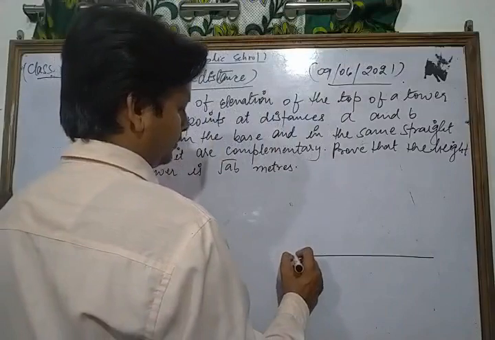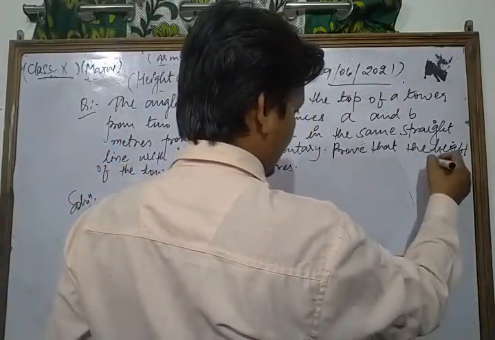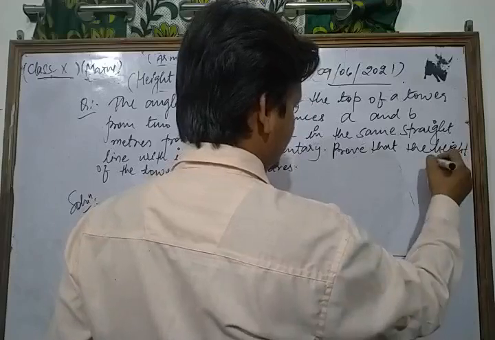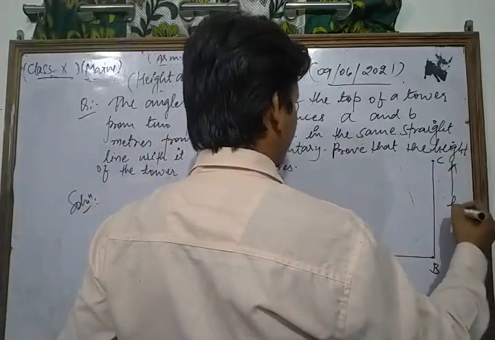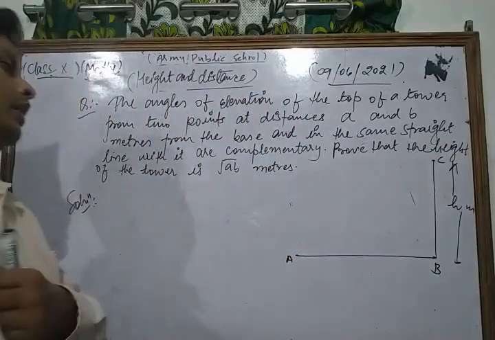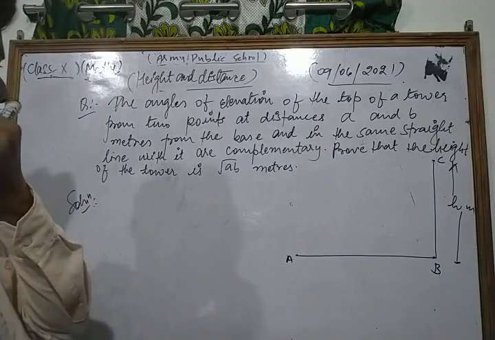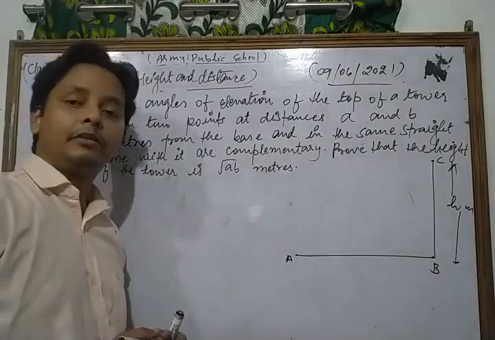Suppose that AB is the horizontal surface and BC is the height of the tower. Let us take the height of the tower to be H meters. Now the angle of elevation of the top of the tower from 2 points at a distance A and B from the base.